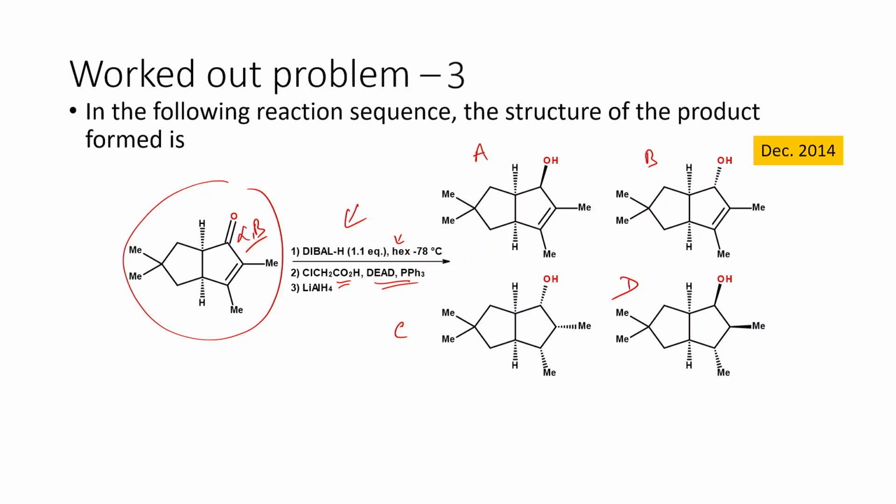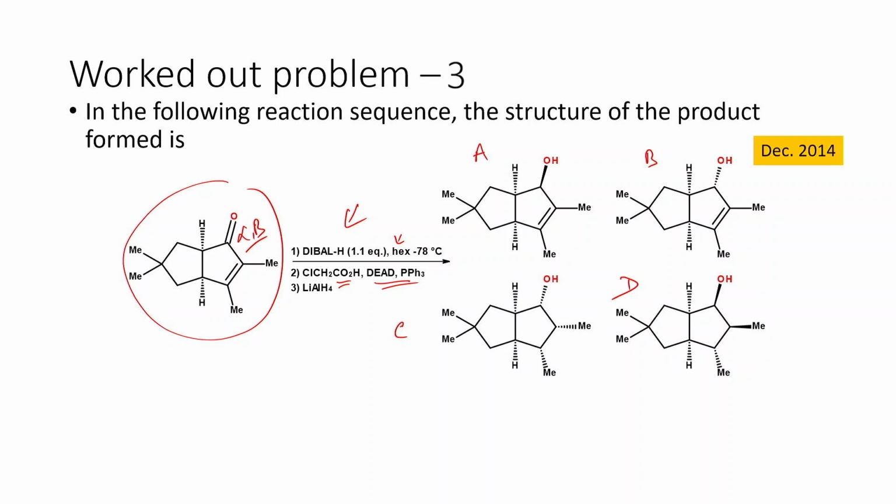In the Mitsunobu reaction, a hydroxyl is converted to an ester. The only important thing we have to keep in mind is that this reaction specifically proceeds via inversion of configuration. This is one very crucial step we have to remember when we look at DEAD and triphenyl phosphine, that is the Mitsunobu reaction. And what is the last one? Lithium aluminum hydride. Lithium aluminum hydride will reduce the ester or carbonyl group to the alcohol. So this is some idea you can think about.